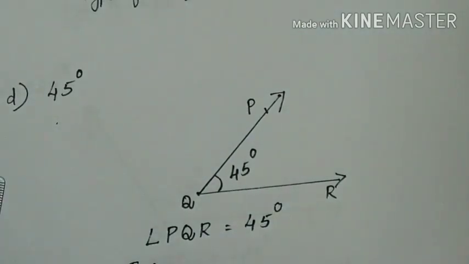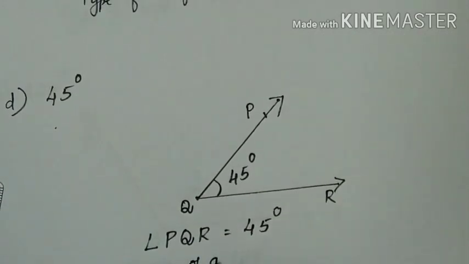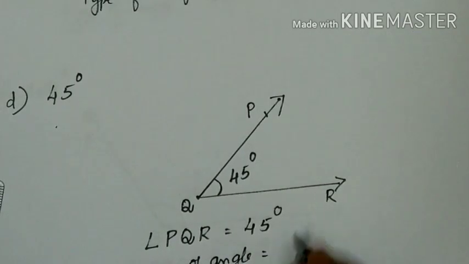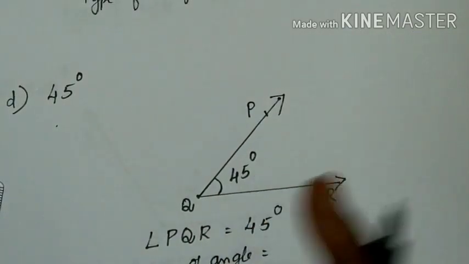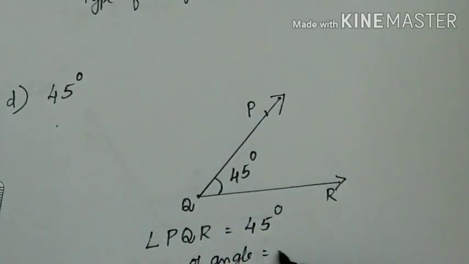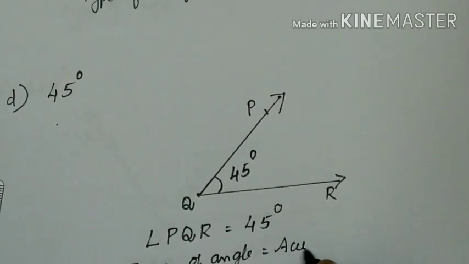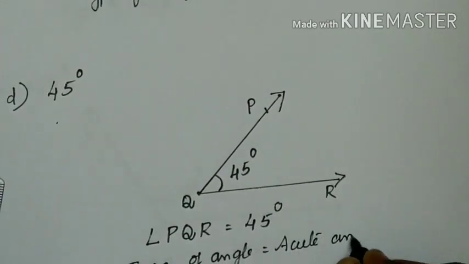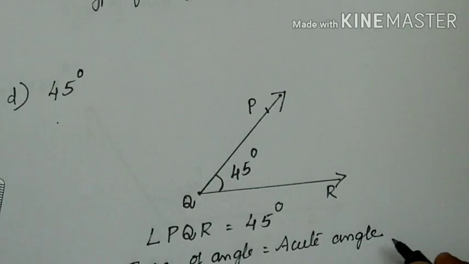Then we have to find out which type of angle this is. This 45 degree is less than 90 degree. So it is known as acute angle. Clear? Move to the next question.